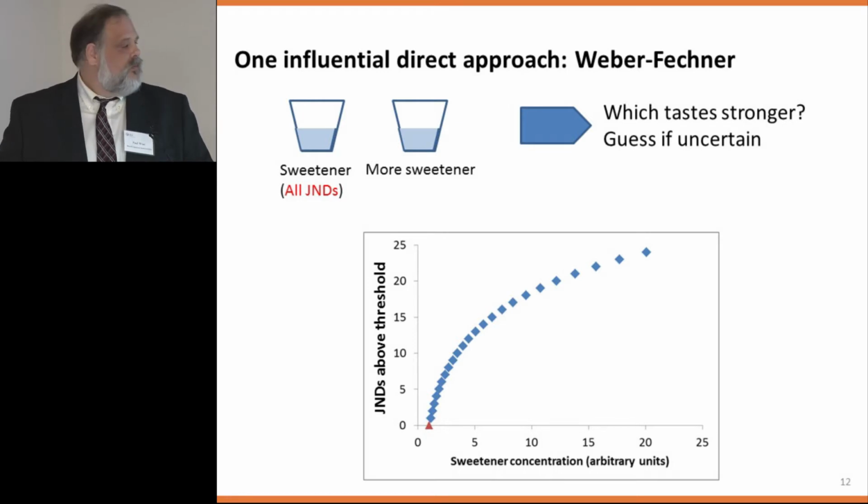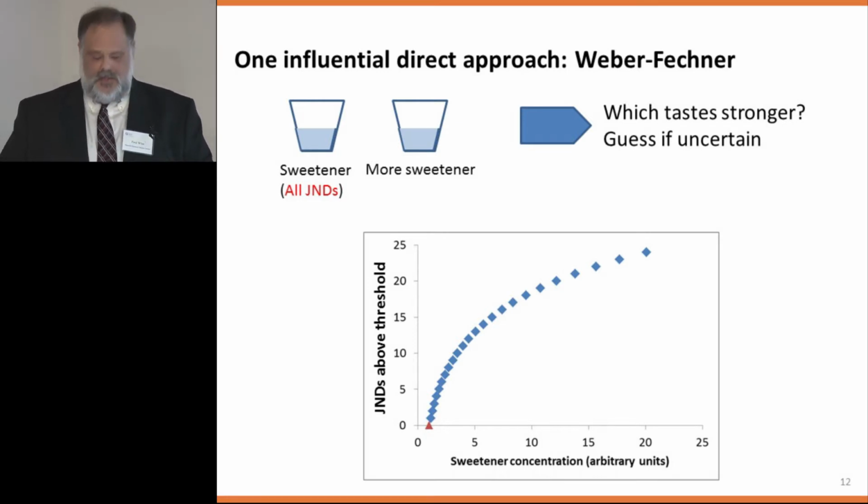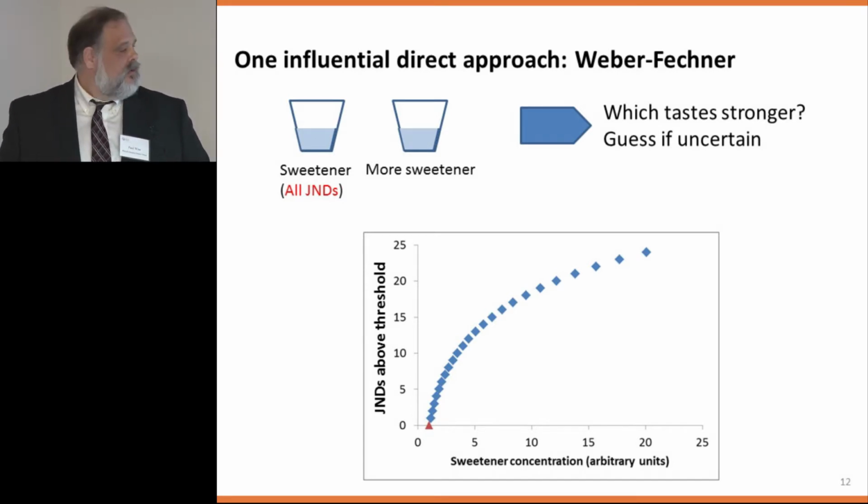A lot of you will probably look at that and say, hey, that looks like a logarithmic function. And it's no accident because that's what I used in Excel to generate it. But if you integrate this, and it works not just for taste, it works over all kinds of sensations, right? You get something that's roughly a power function or a logarithmic function.